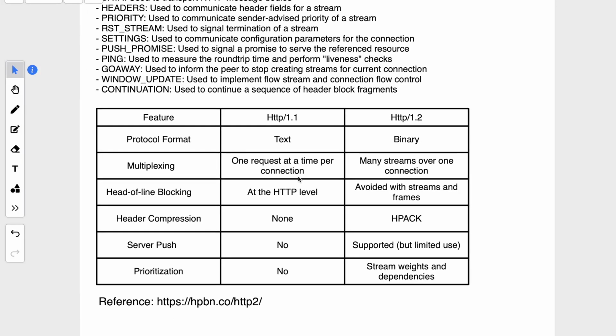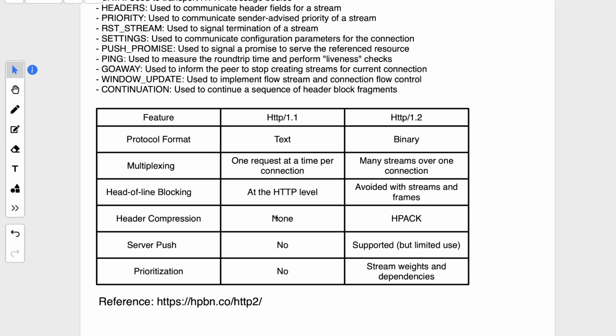Now I have created a table which displays the differences between HTTP1 and HTTP2. The protocol format in HTTP1 is text, and here it is binary format after the compression. Multiplexing: it's one request at a time per connection, but here many streams can be open over the same connection. Head of line blocking is present at both HTTP and TCP level in HTTP1, but here the head of line blocking is present only at the TCP level, avoided by streams and frames.